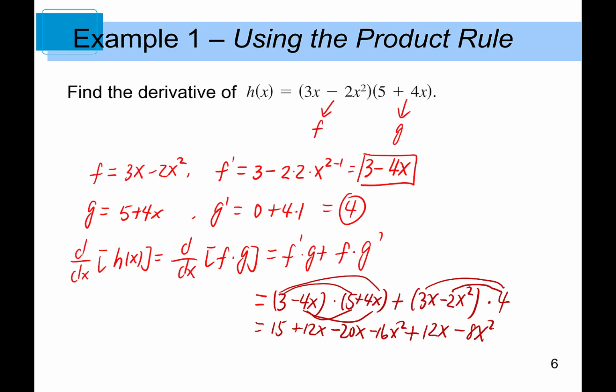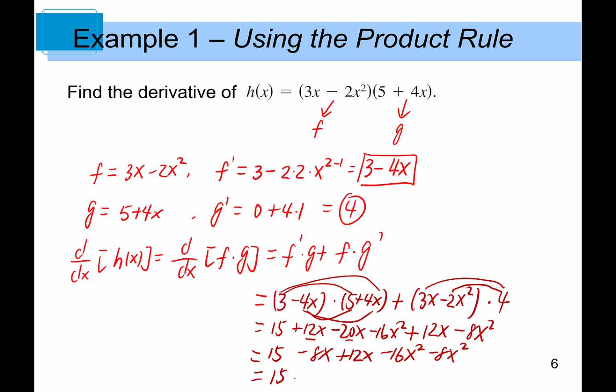Then we start combining like terms. So 15 remains. 12x minus 20x gives us minus 8x, plus 12x, minus 16x squared minus 8x squared.